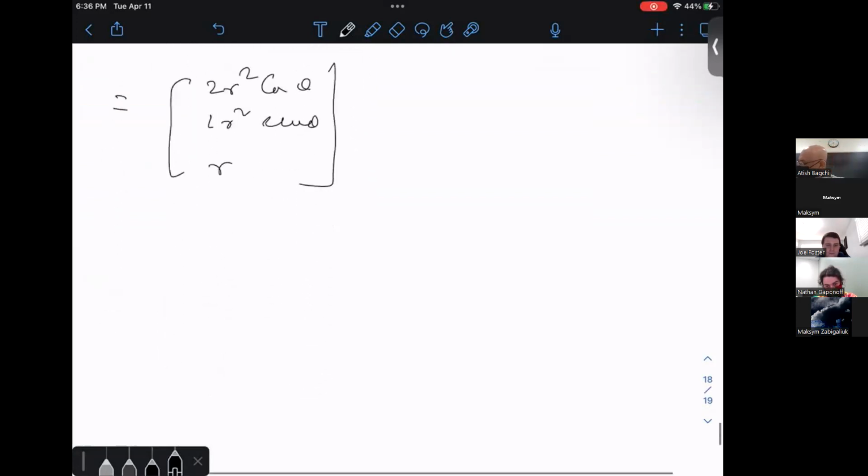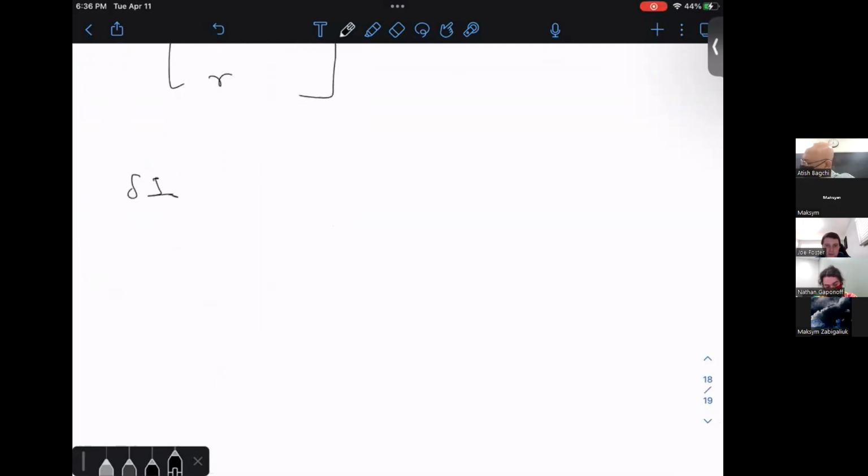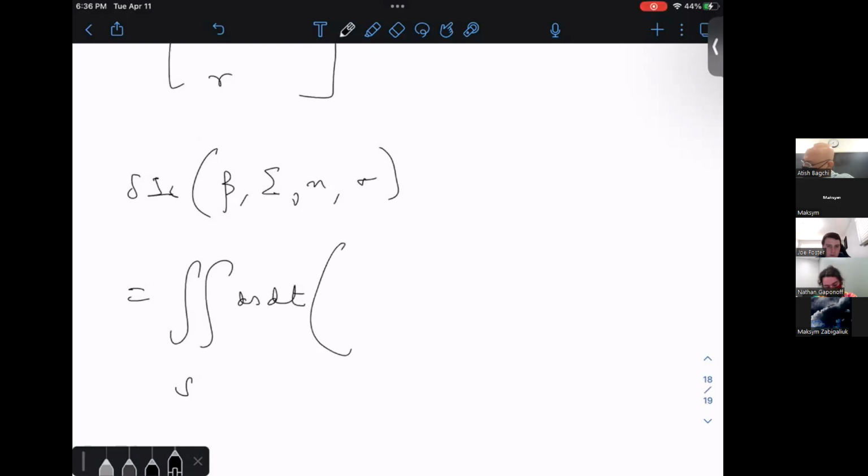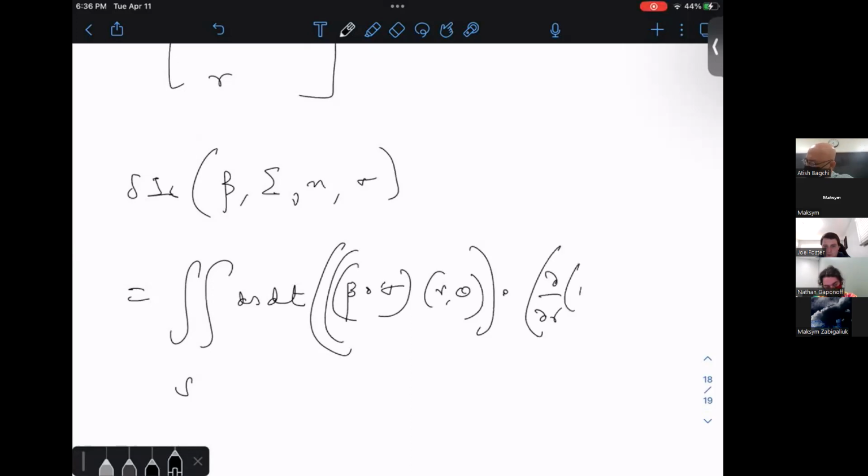Okay, so the surface integral of beta over sigma is equal to the integral over S, which is the lower circle, ds dt, beta composed with sigma of (r, theta), dot del r of sigma cross del theta of sigma.